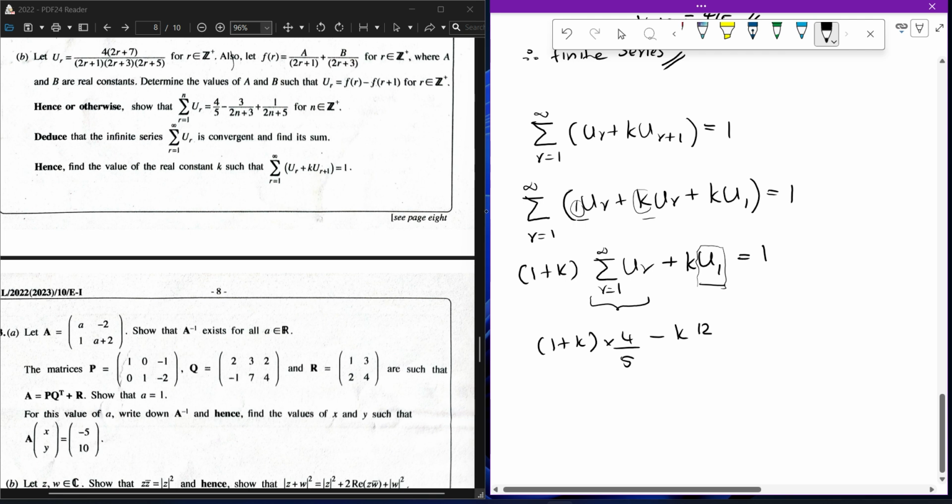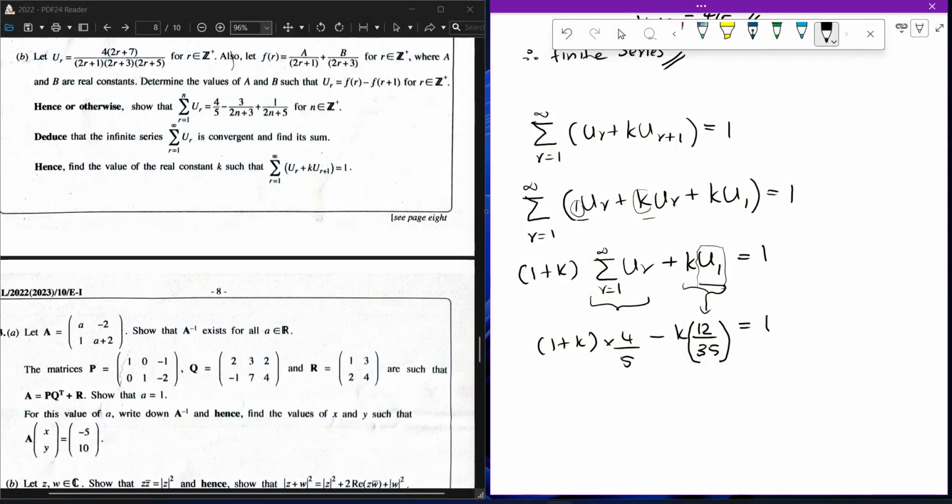You better simplify that and see for yourself. I'm not going to simplify that here. So this is what you get here. There will be minus, okay? It is minus 12/35 equals 1.